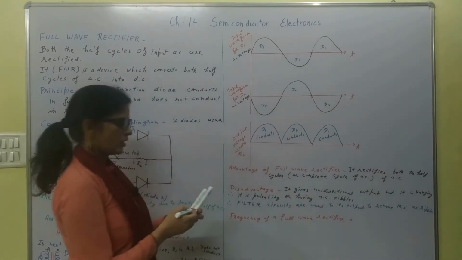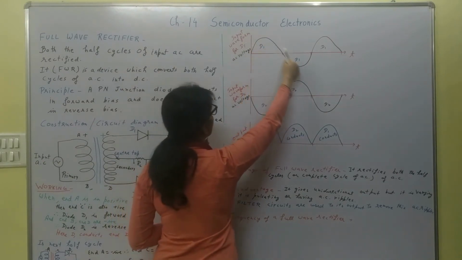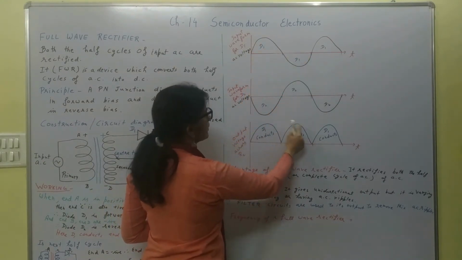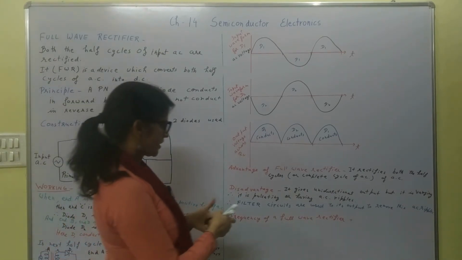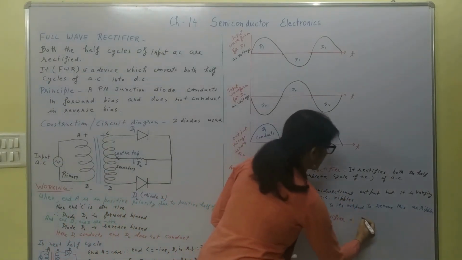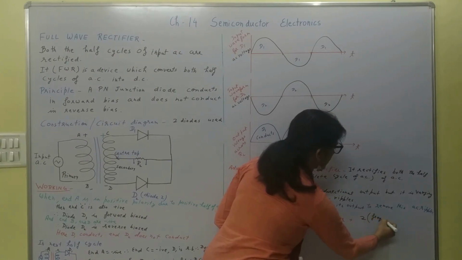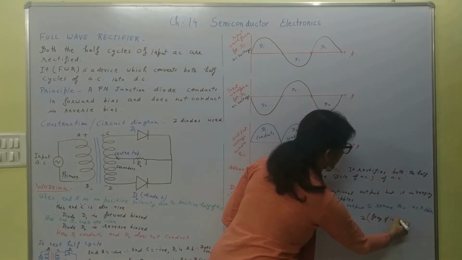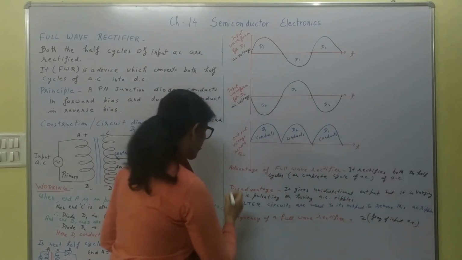It is twice that of the AC input, because in every complete cycle it gives output 2 times, right? So you can say it is 2 times the frequency of the input AC. Let's take an example.